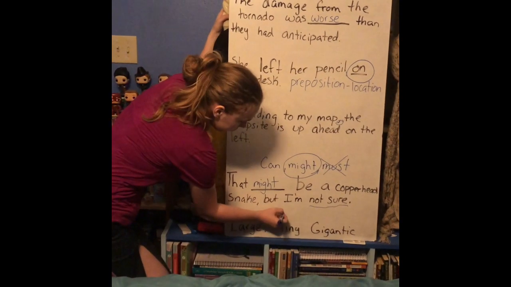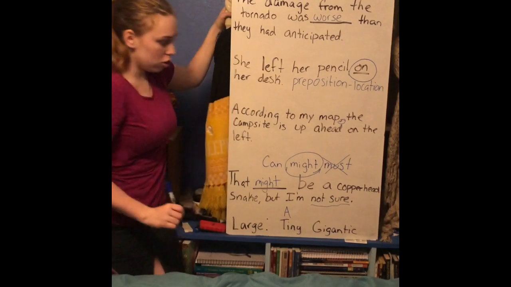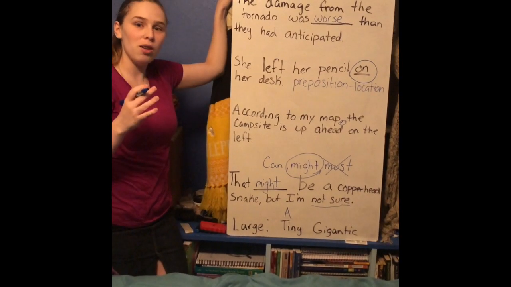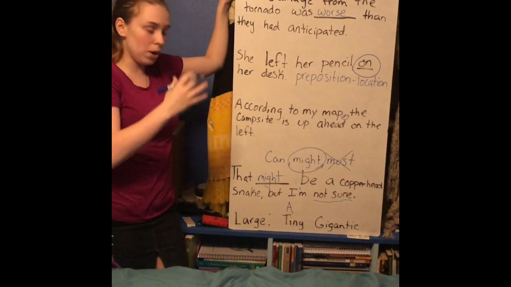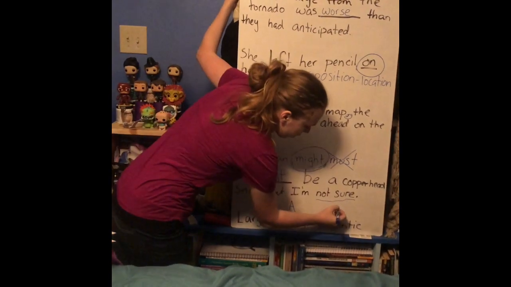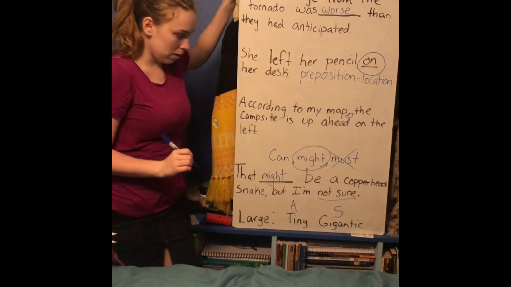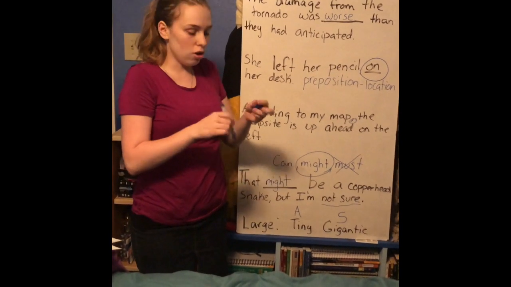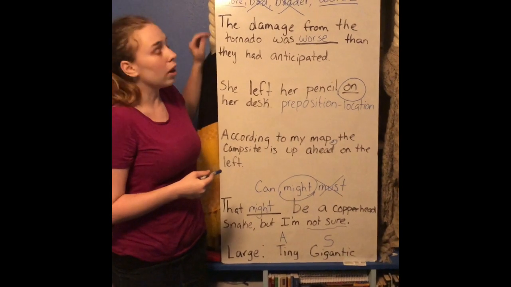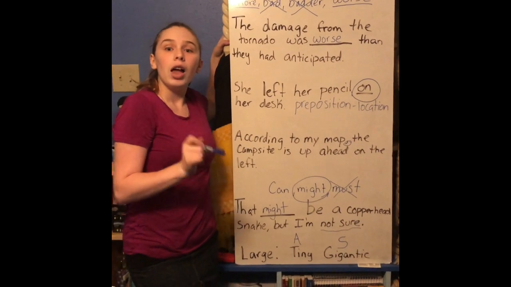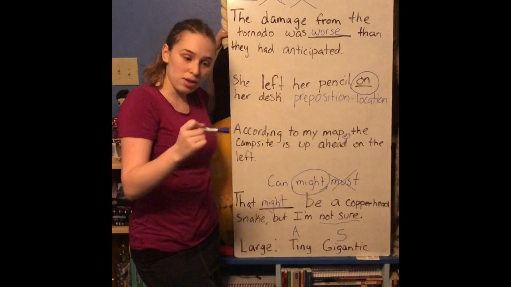They mean the opposite. So that would be A. And gigantic, does that mean the same thing or the opposite? Well, they both mean large or big or huge. So that would be the same, so that would be S. So these are just a few of the examples that you might see on more grammar worksheets or language reviews that you have already had assignments for or have assignments for coming up.